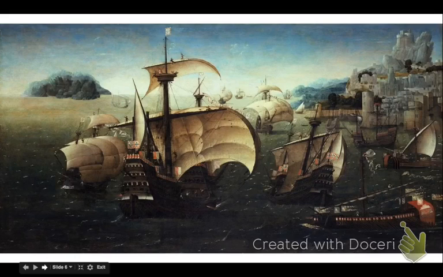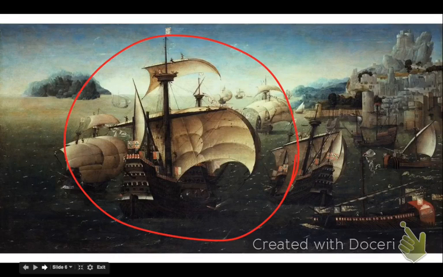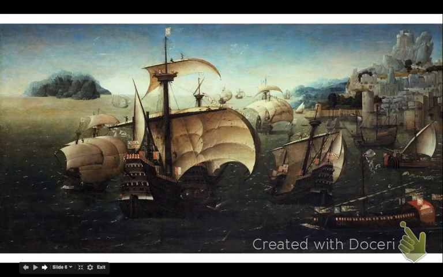But in this image you can see this ship right here is able to navigate the westerlies and also the trade winds and come back, creating a constant contact, which we know is the Columbian Exchange. But what we're looking at in this sense is the plantation economy. Well, where does it go? Let's take a look at where it goes.